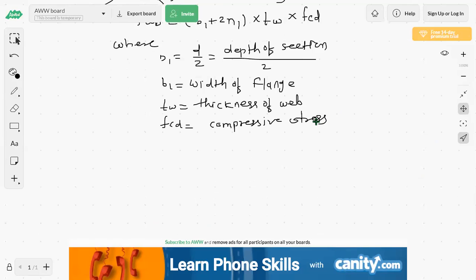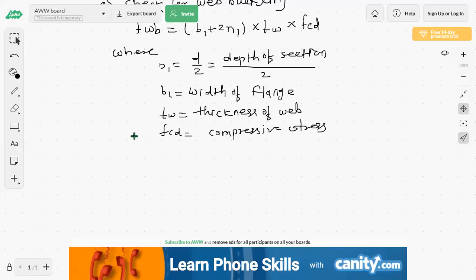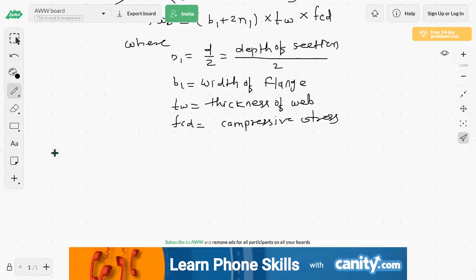A, B, C, D, 4 buckling classes are there. For that purpose we have to calculate the slenderness ratio first. So to find FCD, calculate slenderness ratio.